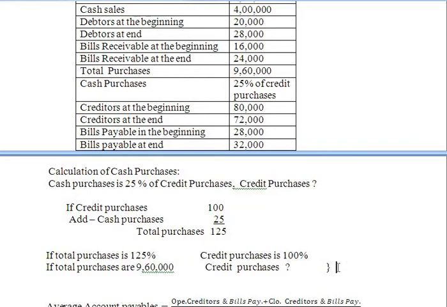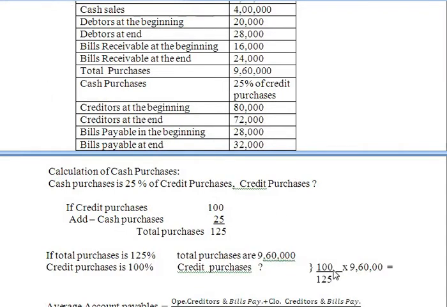So here we'll write 100 divided by 125 into 9,60,000.